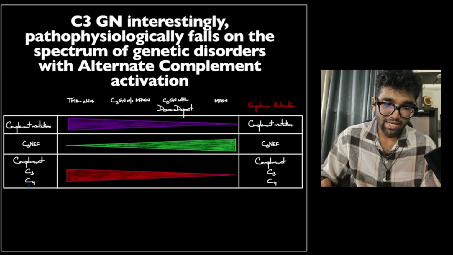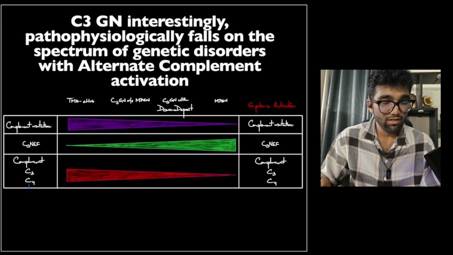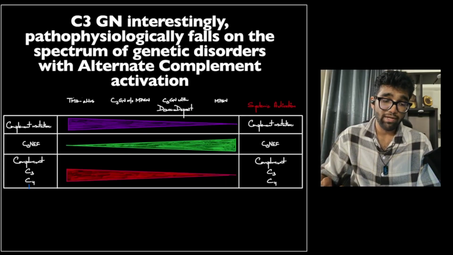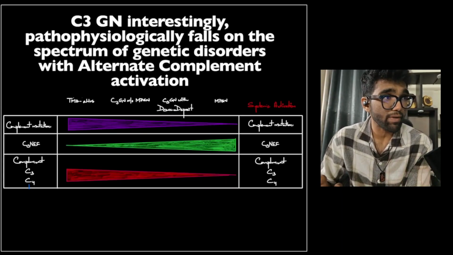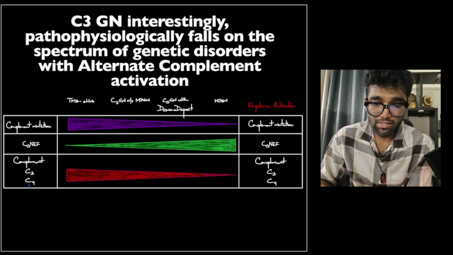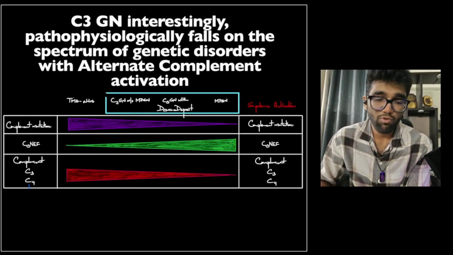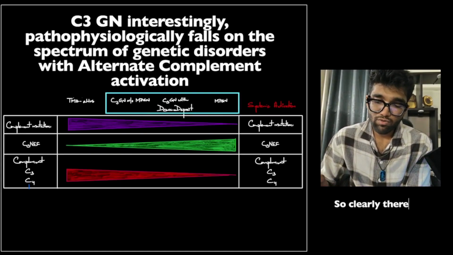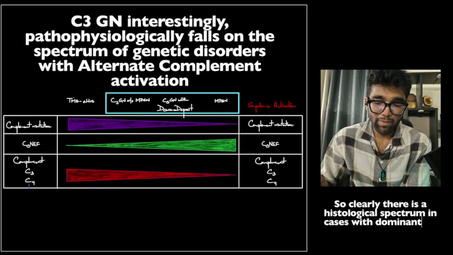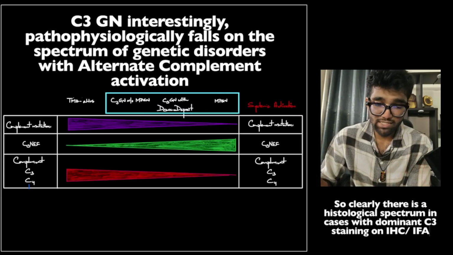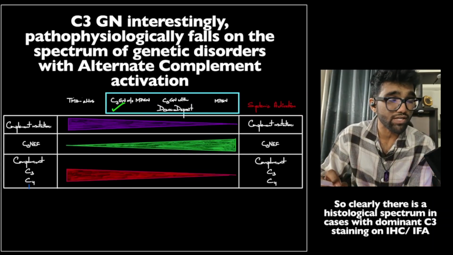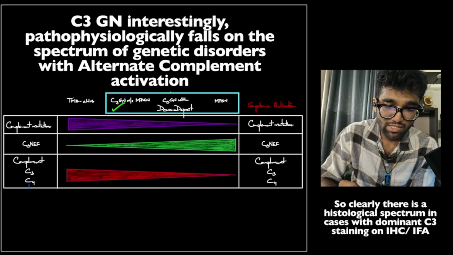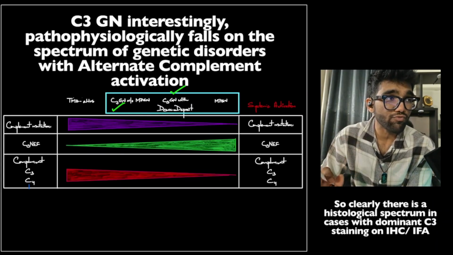Now in C3GN, as we've discussed, C3, alternate complement activation related pathophysiologies fall along a genetic spectrum. And similarly, they also fall along a morphological spectrum. So there is a histomorphological spectrum with dominant C3GN, because on one side you have just C3 deposition without any proliferative changes. Then you have C3GN with dense deposit but no proliferative changes.